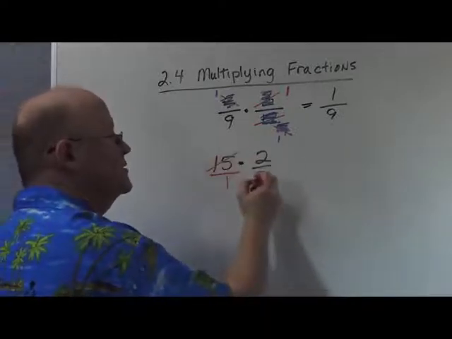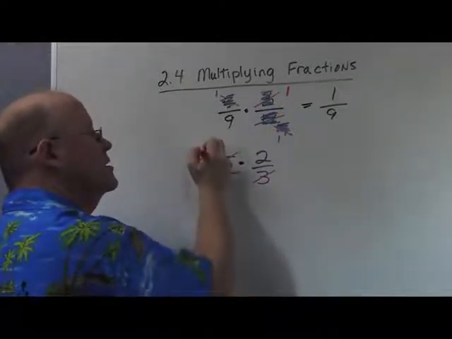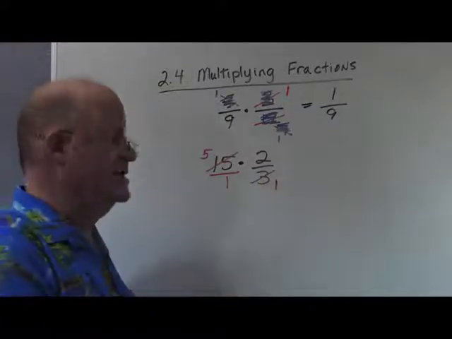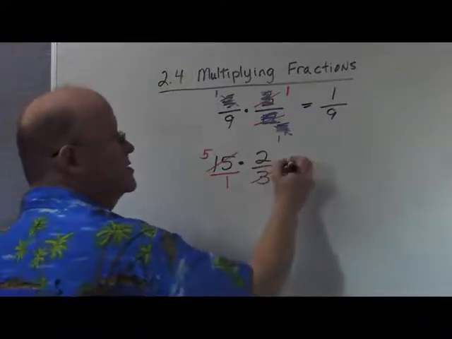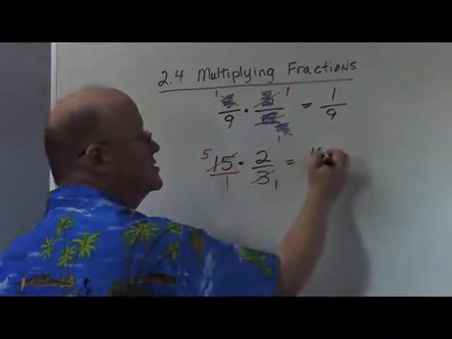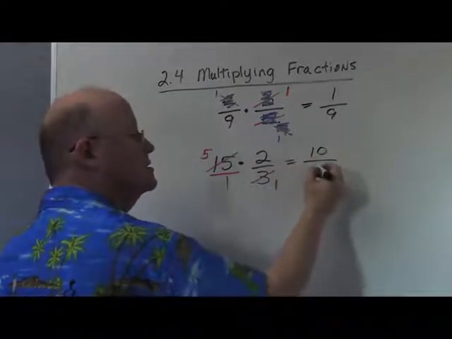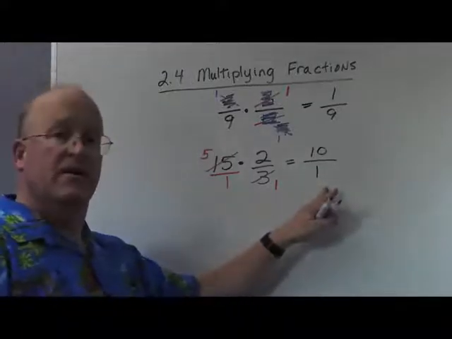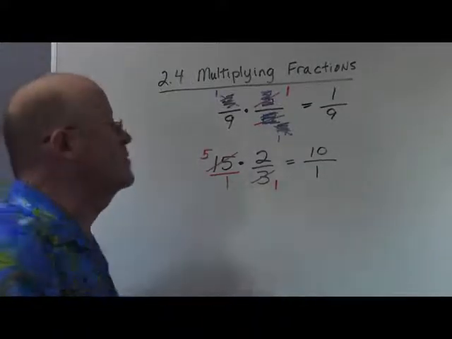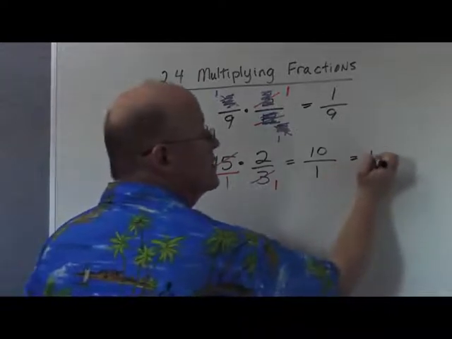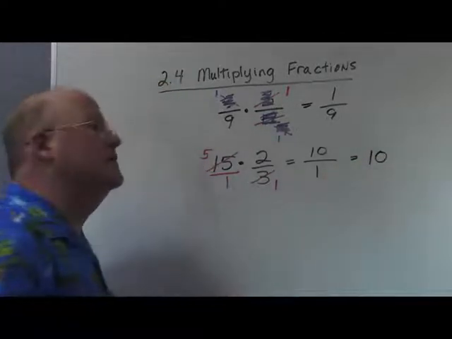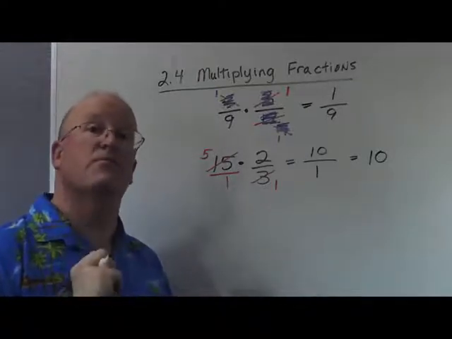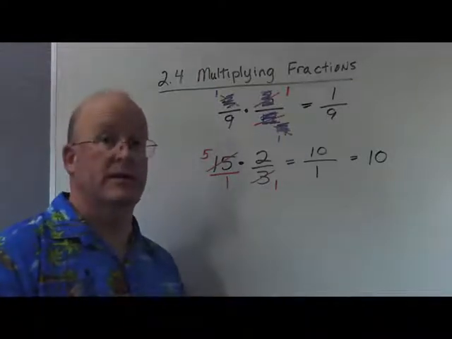So canceling those two, dividing each by 3, I get 5 in the top left and 1 in the bottom right. When I do my multiplication, I now have 5 times 2, which is 10 in the numerator, 1 times 1, which is 1 in the denominator. And to simplify this, since it's over 1, we'd rather write this as the whole number 10. And that would be considered to be the simplified product. Remember, product is the answer to a multiplication problem.